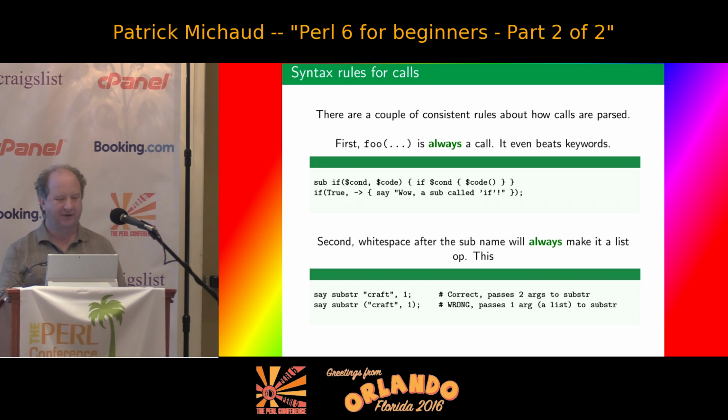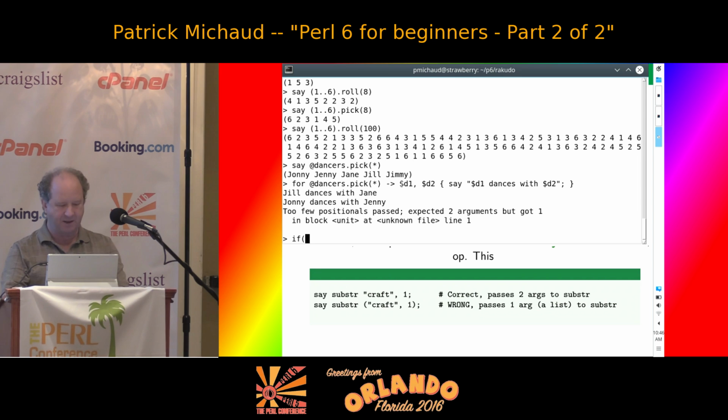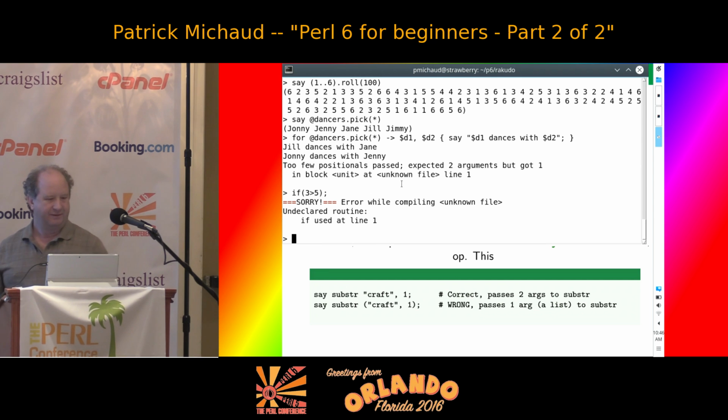All right? So anytime that you have a bare word followed immediately by a paren, that means it is a subroutine call or a function call. So it even overrides keywords, and you can even see that here. If I say if 3 greater than 5 and do something, that probably won't do it, but right there, it'll tell me undeclared routine if.